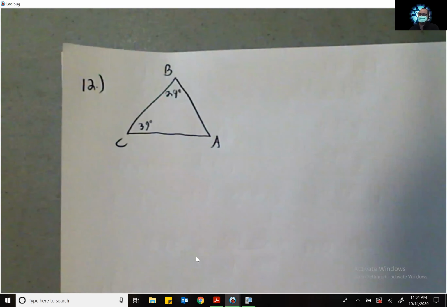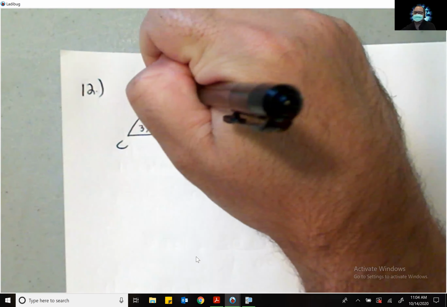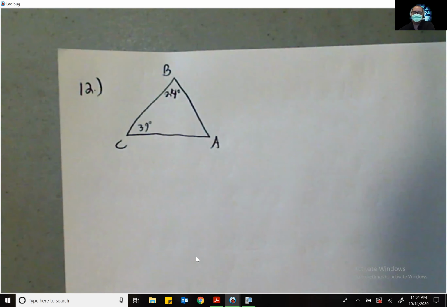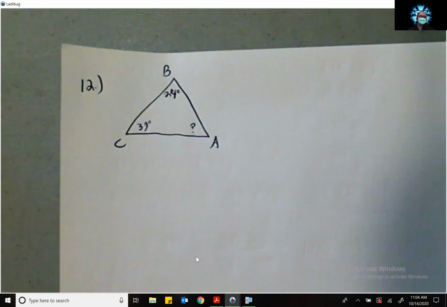How are we going to find the measure of angle A? What do you know? Are we talking about Pythagorean theorem?